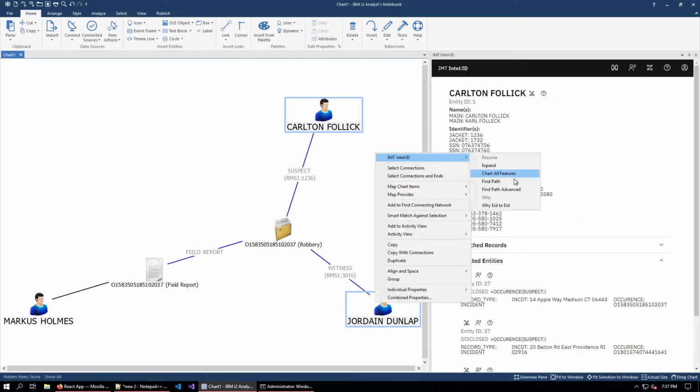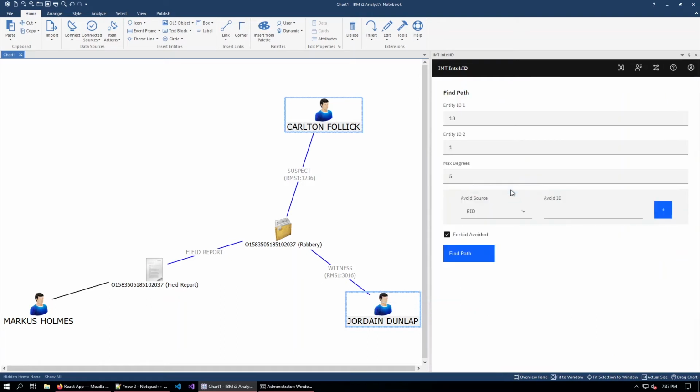The Find Path Advanced function enables this deeper insight between the two selected entities. The analyst can specify the maximum degrees of separation that Intel ID should traverse to identify a path between Jourdain and Carlton and exclude specific incidents.